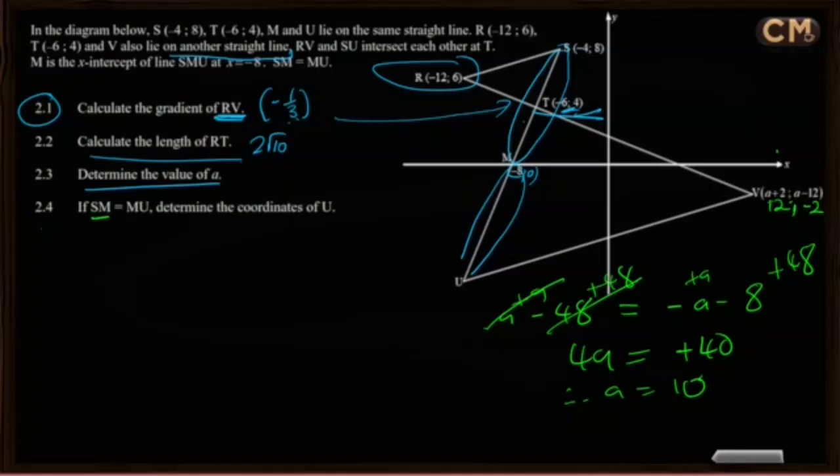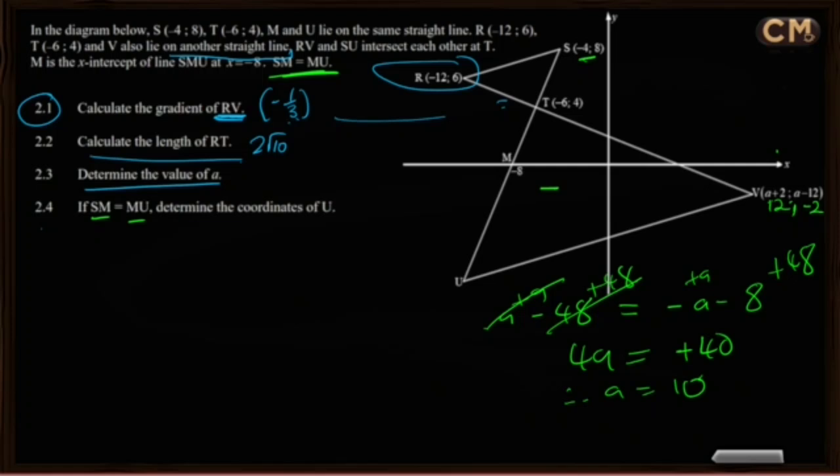A few moments later. If SM is equal to MU, determine the coordinates of U. That makes M the midpoint over here. And by observation, we can just have a look at everything that's on this line that's relevant to the question. And what am I talking about?